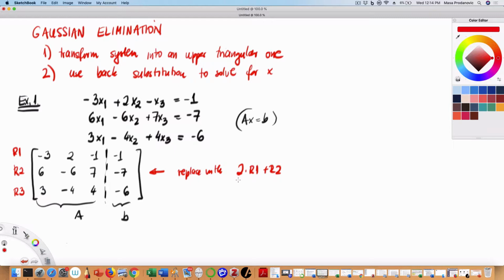That's a linear combination of the first and second row. So if I do that, I'm going to get 0. 2 times 2 is 4, minus 6 is minus 2. 2 times minus 1 is minus 2, plus 7 is 5. 2 times minus 1 is minus 2, minus 7 is minus 9.